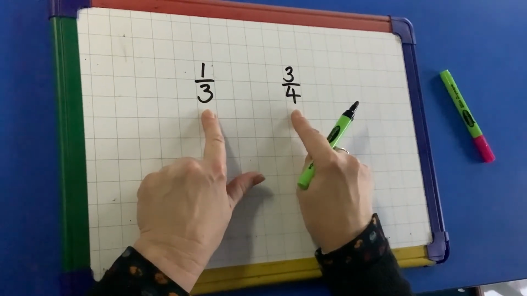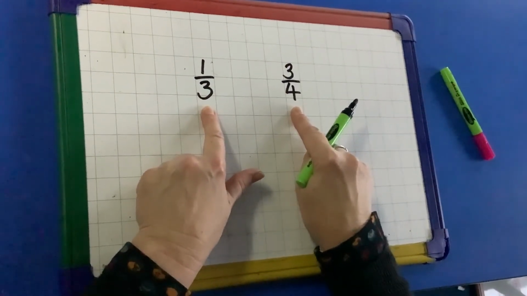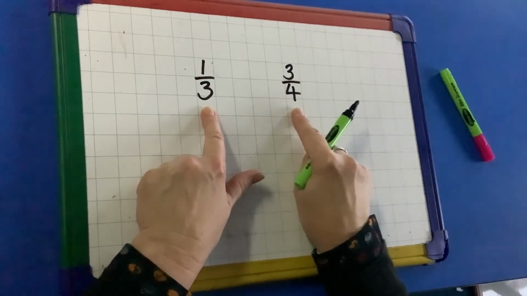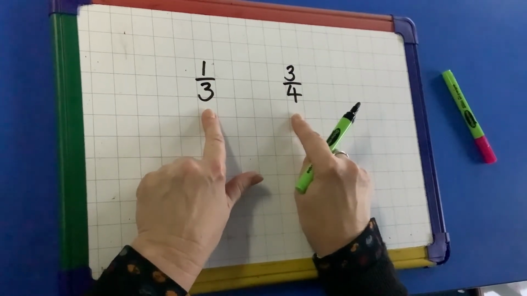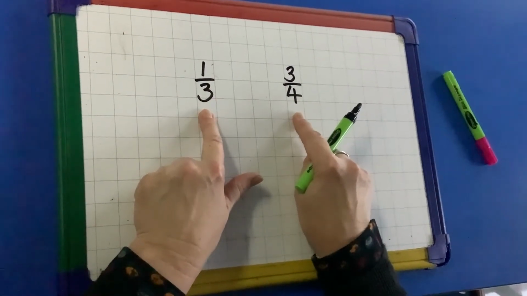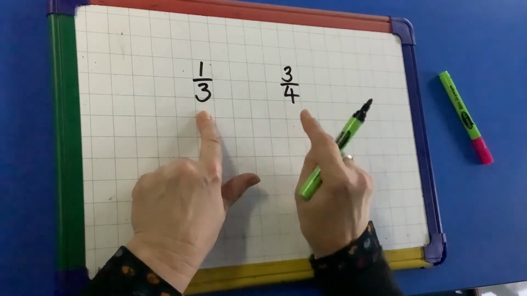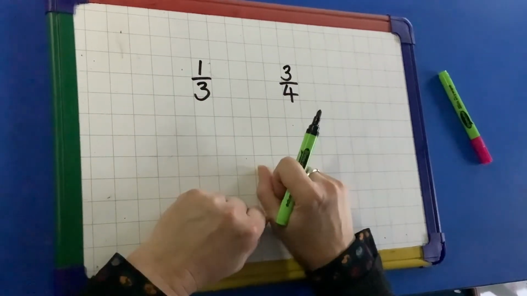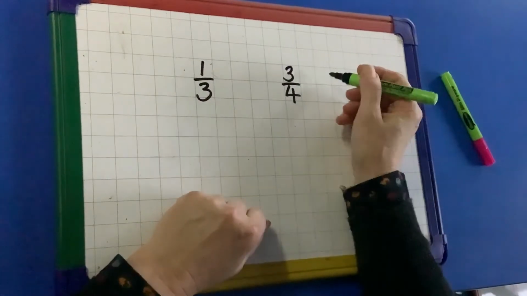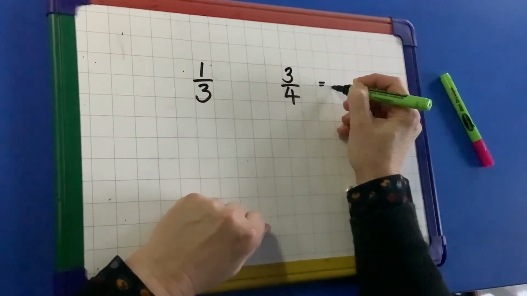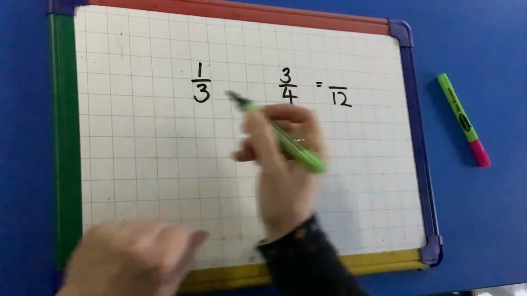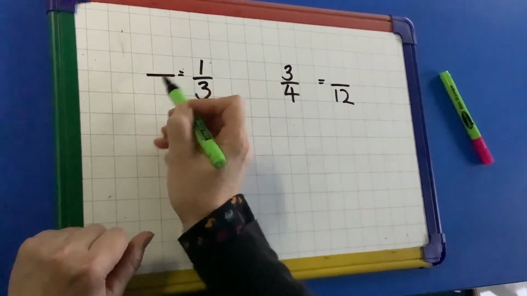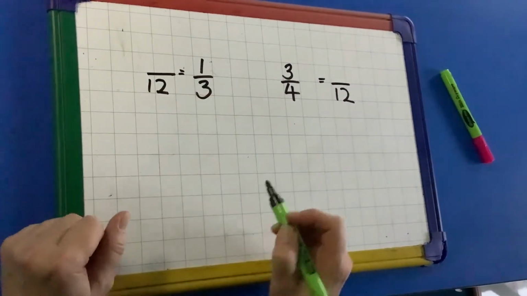Can you think of a common denominator? Hopefully you're getting used to that term now. Right, well, 3 and 4, it's got to be a number in the 3 times table and the 4 times table. I think it's going to be 12. All right, so I'm going through this quite quickly now.